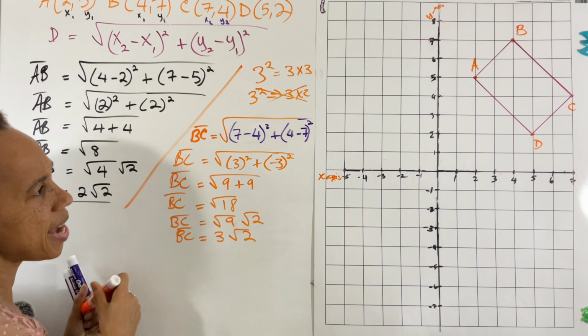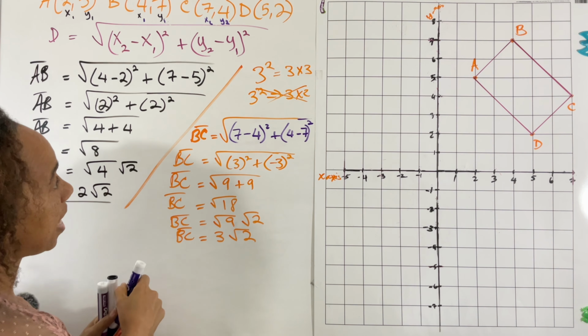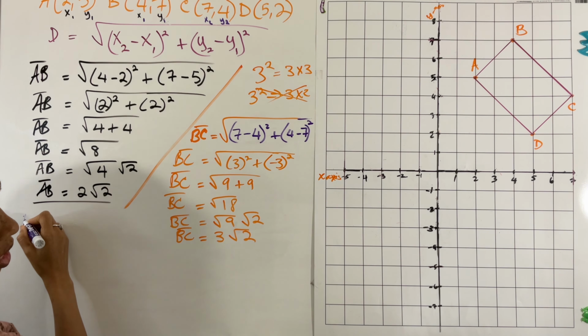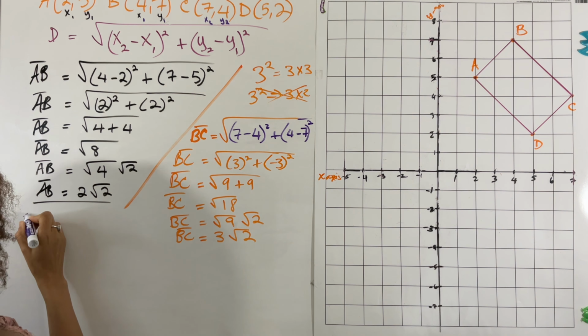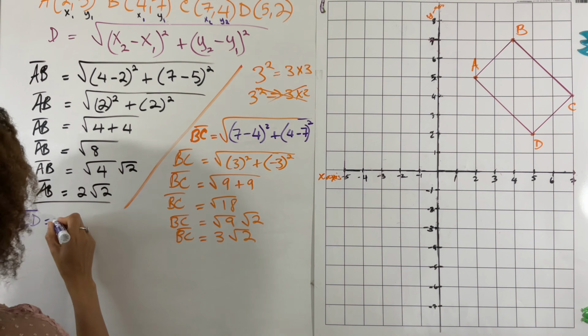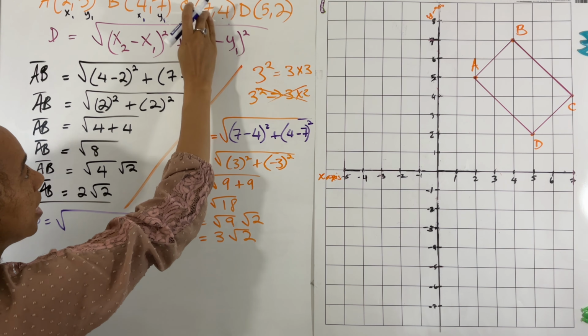So we need to find segment CD or segment DC now, and that's the next one that we need to find. I'm going to find segment CD. So segment CD, and we're using the distance formula again, but please go back now and label this accordingly.